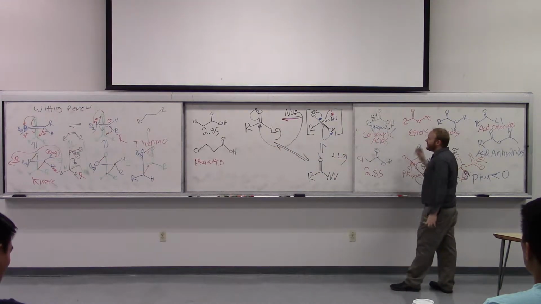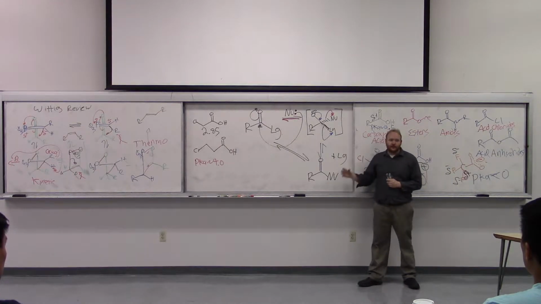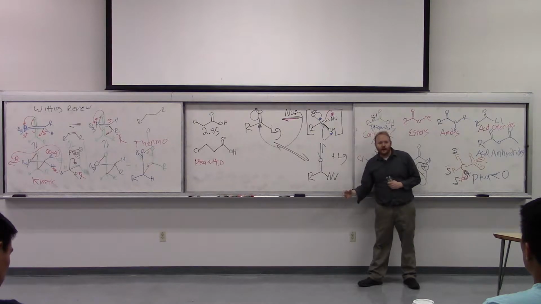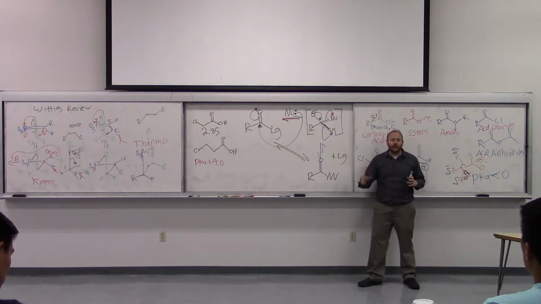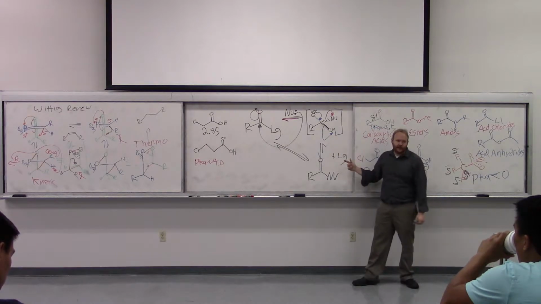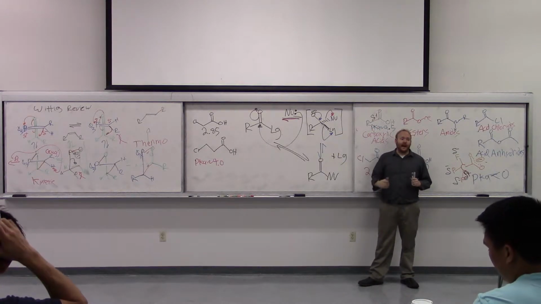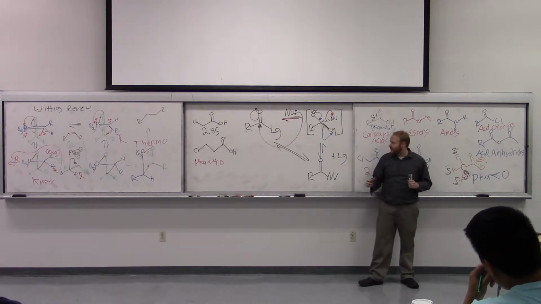And the thing that's going to determine it is the stability of the nucleophile versus the stability of the leaving group, which can be nicely annotated by pKa's. So the more stable species, nucleophile or leaving group, that's going to be where the equilibrium lies. The equilibrium is going to lie with the more stable species.